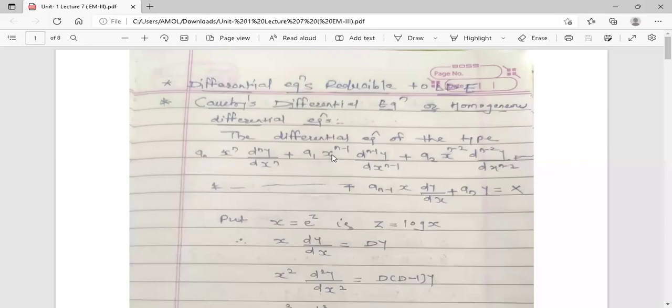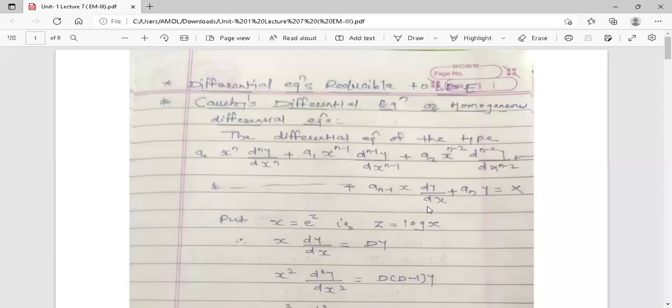With that derivative term, there is a polynomial function of degree n minus 1. In the third term, the n minus 2 derivative term is there. With that derivative term, there is a polynomial function of degree n minus 2, and the constant coefficient is a2, and so on.